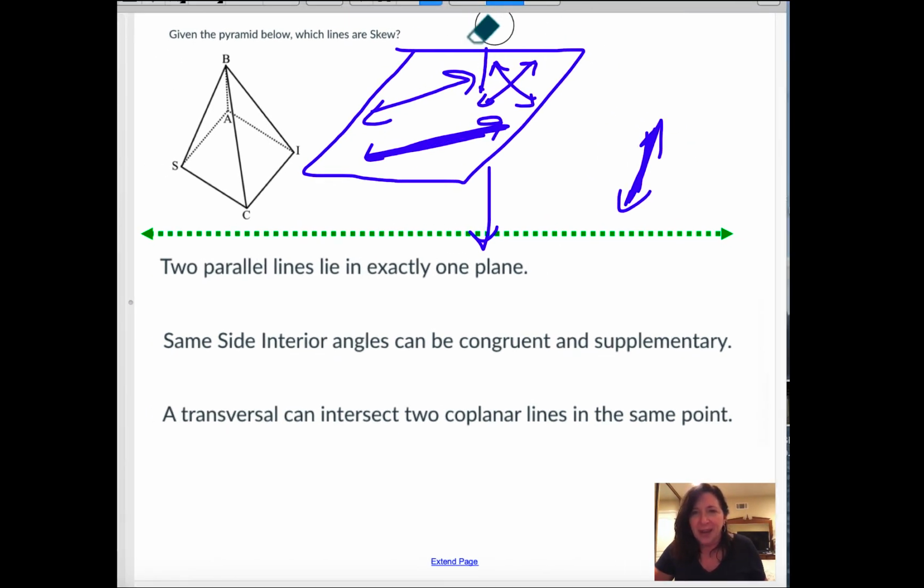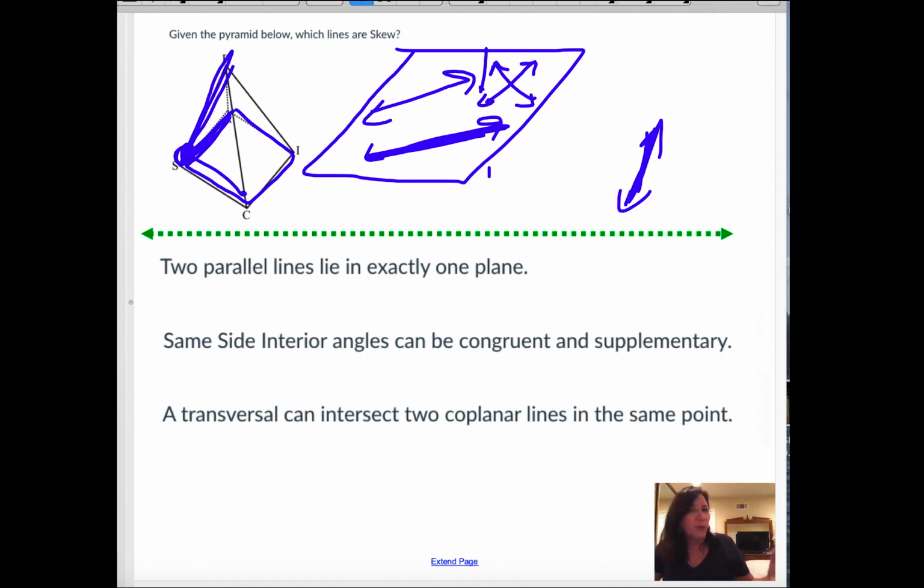But anyway, enough said with that. What I wanted to say is skew lines are lines that are not in the same plane and that are never going to touch. So if I'm talking about this plane here, and this line here, this line is going to touch right there, so those are not skew. So which lines are skew?